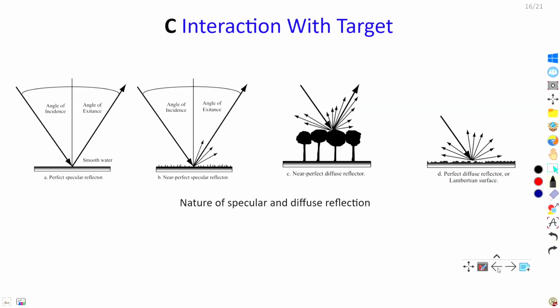Next we will see four types of nature of specular and diffuse reflection, that is perfect specular reflector and near perfect specular reflector. Here all the incident rays get deflected in only one direction. Here some of the incident rays get deflected in other directions, but the maximum part of it gets deflected in one direction only.